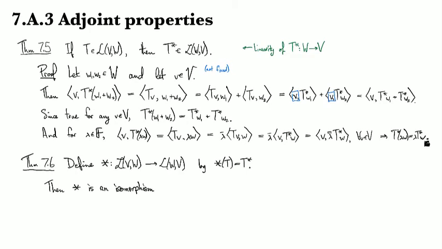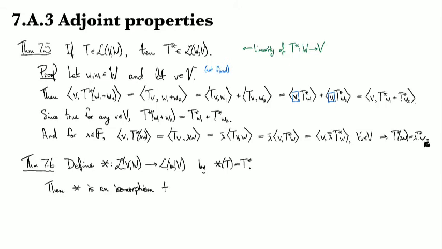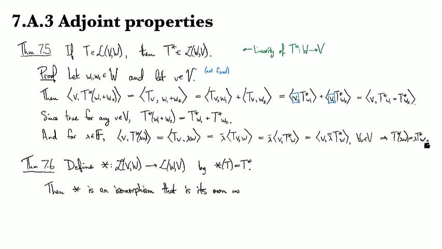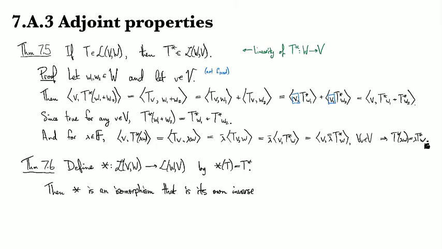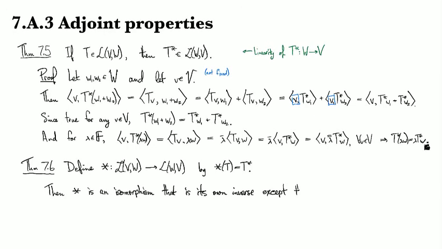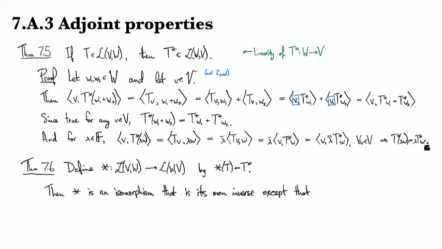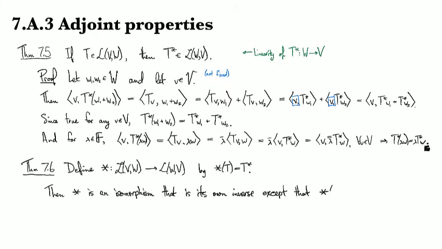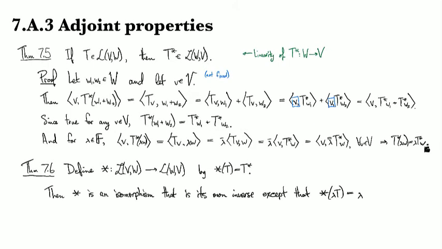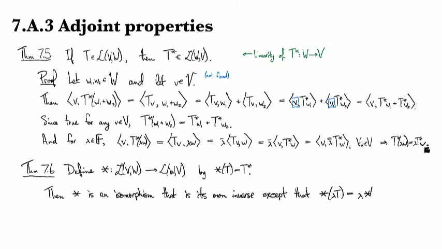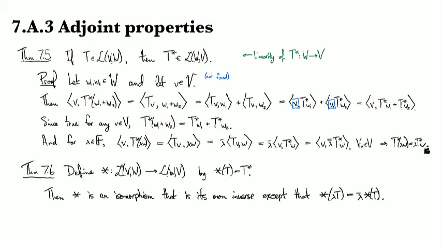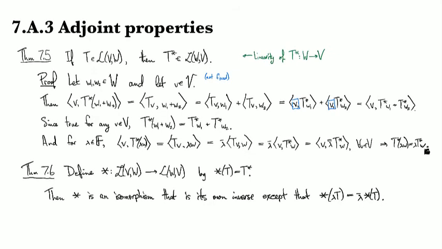except not quite. So it's an isomorphism that is its own inverse, actually, just like conjugation is, except that if I do the star of a scalar multiple, then instead of getting the scalar multiple of the star, it comes out with a conjugate.